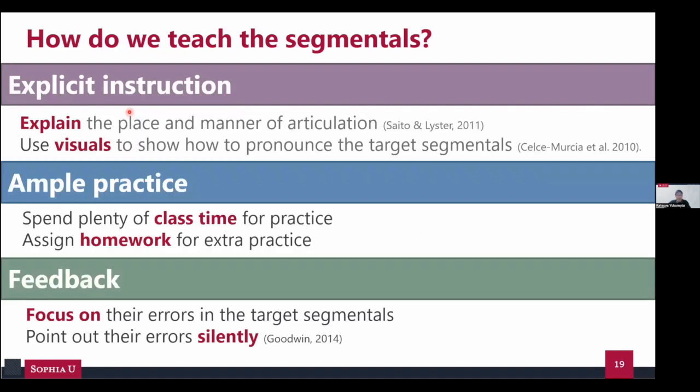Japanese learners prefer explicit instruction. They don't want to learn pronunciation just by hearing or verbal explanation. You want to explain the place and manner of articulation. This is very important information.